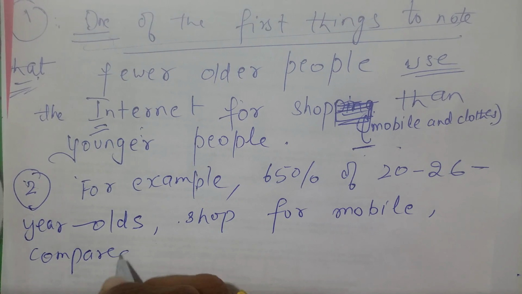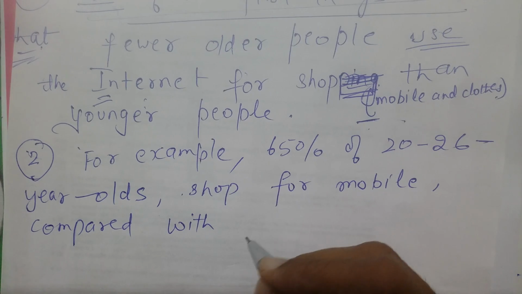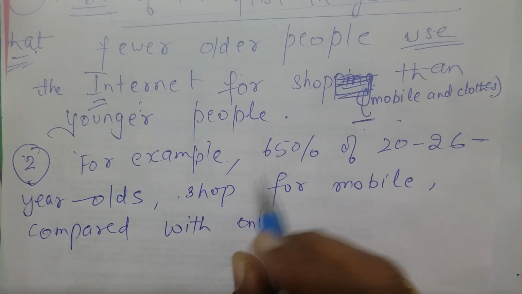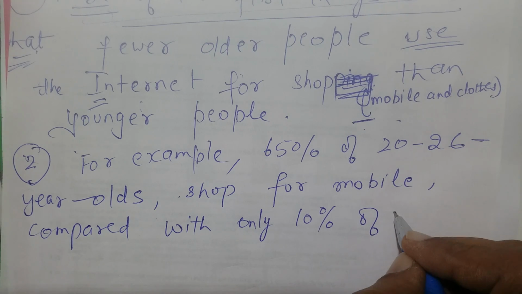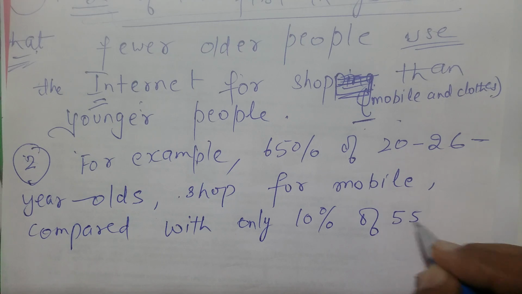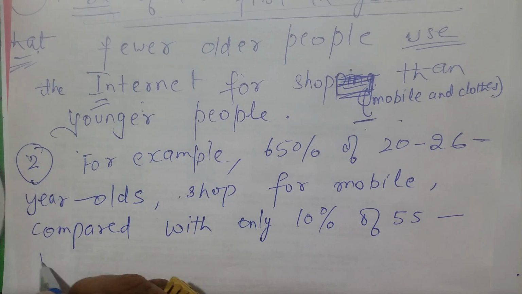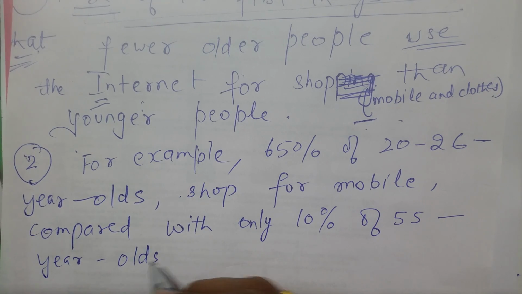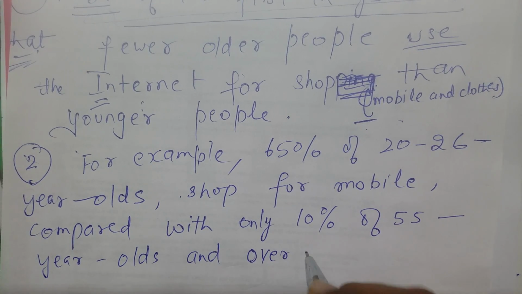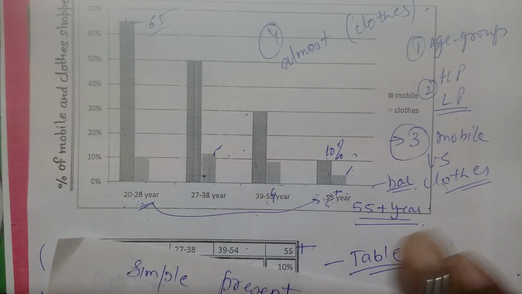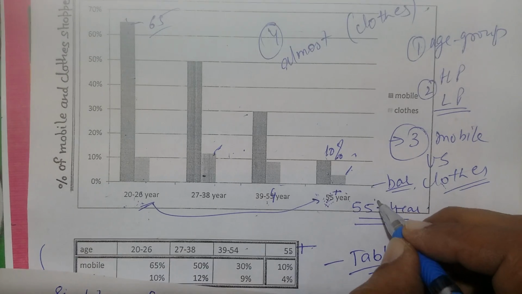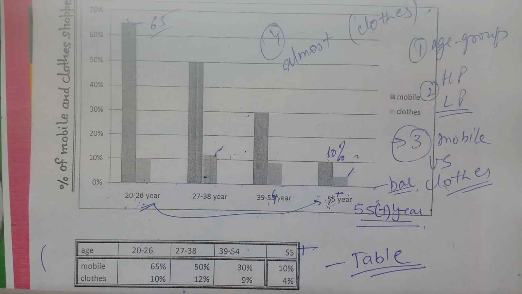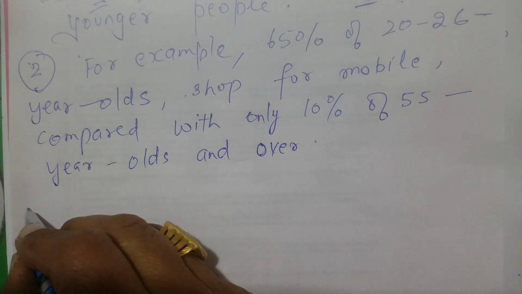Compared with, check the language please, only 10% of 55 plus, right? We can say 55 year olds and over. So 55 and over. So this is the point. Next is, so this is my second, third.